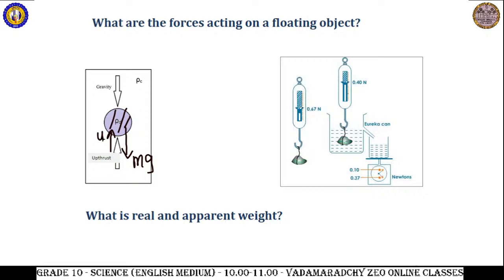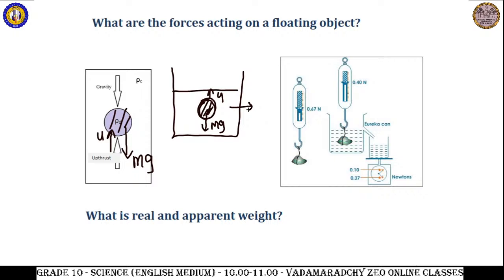Okay, so if we immerse an object within the liquid, and after this object is at rest, we can say the resultant force acting on this object is zero, since there is no acceleration or no motion.